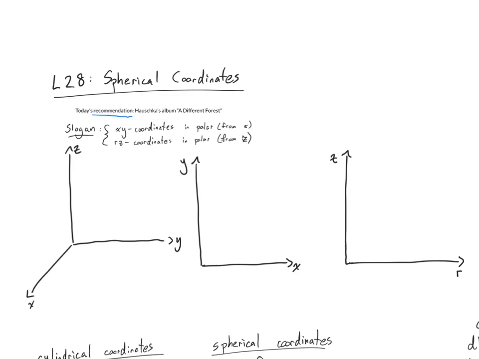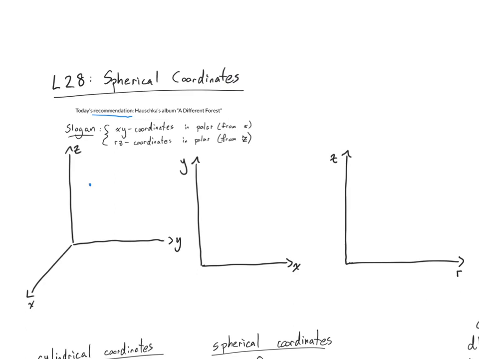So, let's talk about spherical coordinates. I'm going to start by giving this slogan: think of spherical coordinates as polar and polar. So think of it as polar in the xy plane and polar in the rz plane from cylindrical coordinates. Let's unpack that. If we have a point floating somewhere up here in space, I'm going to draw it in blue.